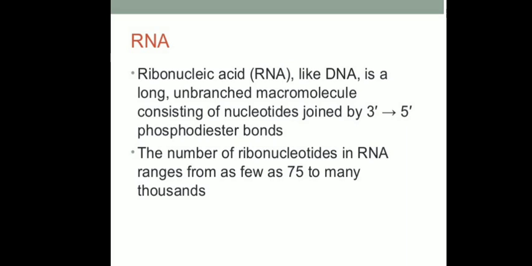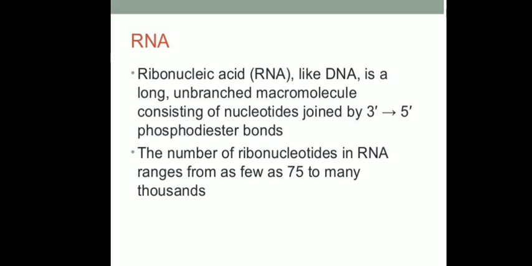In simple words, RNA is a polynucleotide chain, meaning different nucleotides come together and join to each other with the help of phosphodiester bonds, and it forms a polynucleotide chain which contains ribose sugar, phosphate group and nitrogen bases.